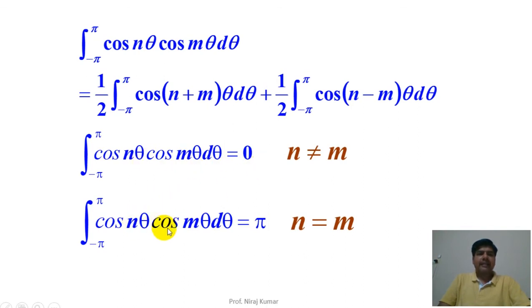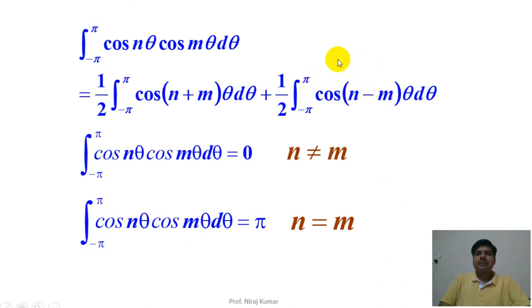And if n and m are equal, in that case one integration is going to be 0, but the other integration will have some value because n minus m leads to 0 since n equals m. So cos 0 is 1 and this will give theta, which is integrated from minus pi to pi.